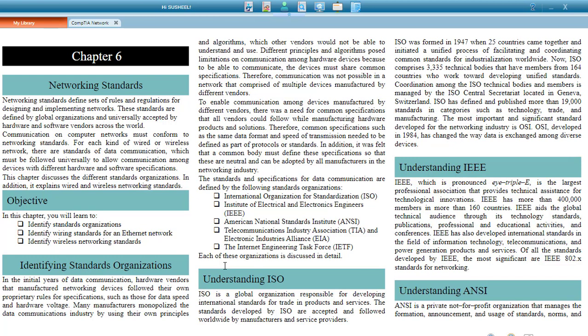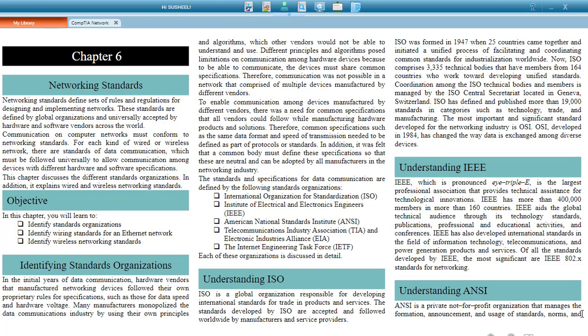IEEE aids the global technical audience through its technology standards, publications, professional and educational activities, and conferences. IEEE has also developed international standards in the field of information technology, telecommunications, and power generation products and services. Of all the standards developed by IEEE, the most significant are IEEE 802.x standards for networking.